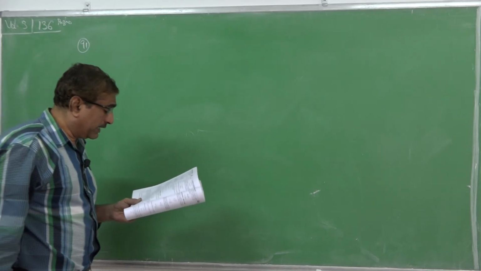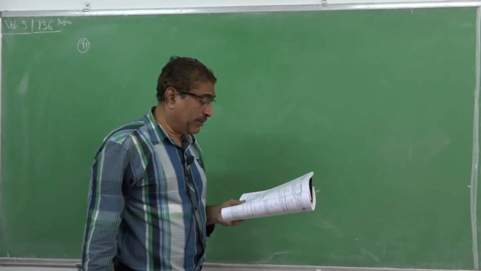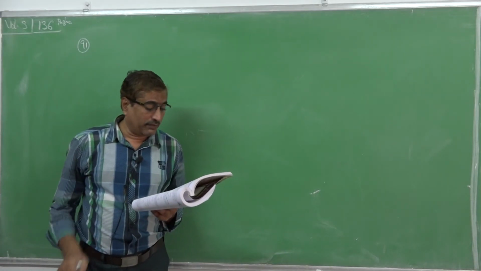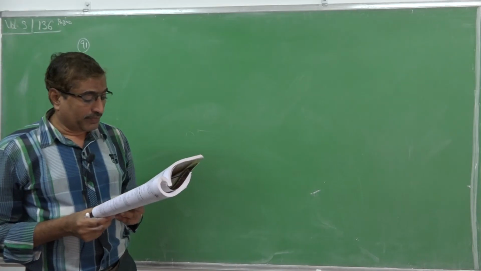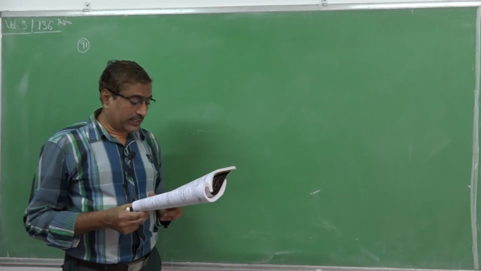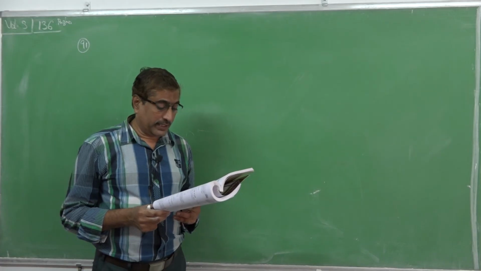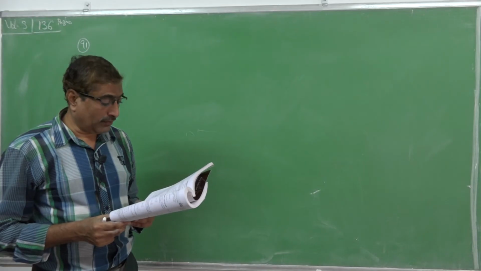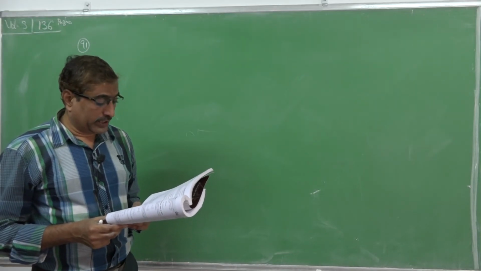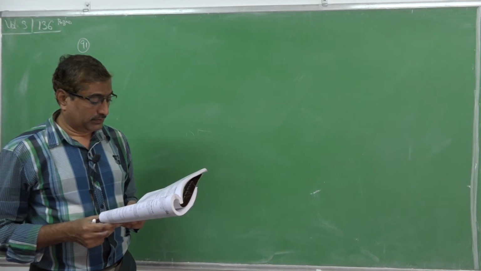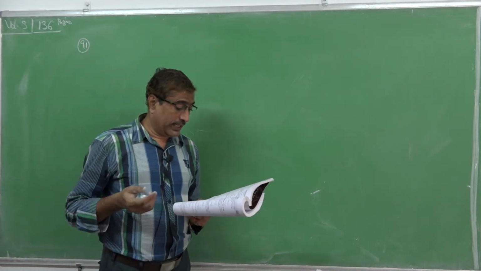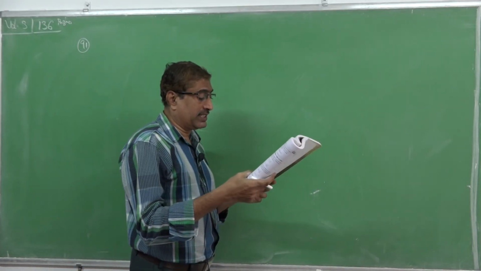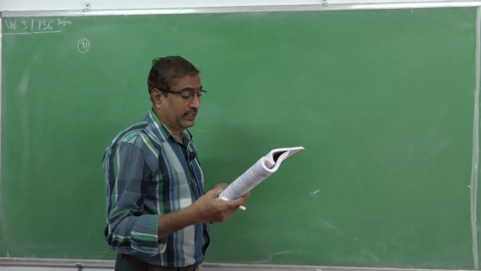The particle executing SHM has an amplitude of 4 centimeter and its acceleration at a distance of 1 centimeter from the mean position is 3 centimeter per second square.